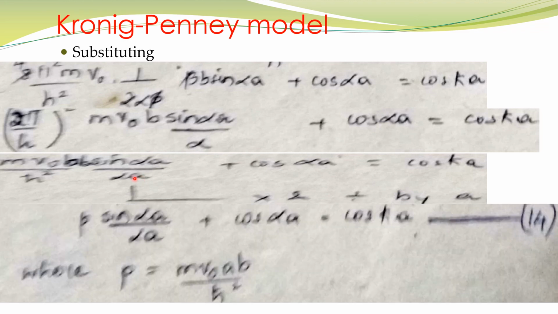Then we are multiplying and dividing this term by a, and here also a. And we are substituting, in place of m v0 a b by h cross square, this as P. So this is P sin alpha a upon alpha a plus cos alpha a is equal to cos ka. Equation 14, that is the final equation.